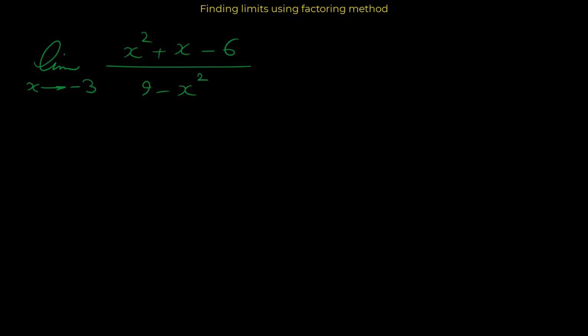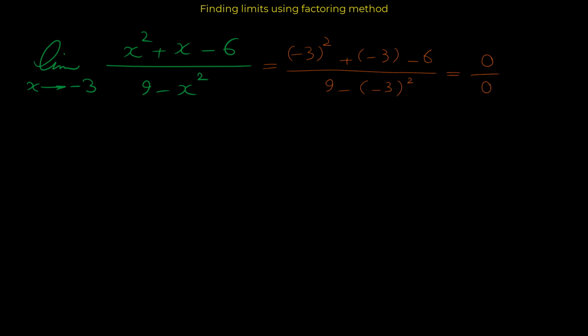If we substitute negative 3 for x, we have negative 3 squared plus negative 3 minus 6 over 9 minus negative 3 squared. The numerator is 0, and 9 minus 9 in the denominator is also 0. So again, we have an indeterminate form, and we have to factor the numerator and denominator.